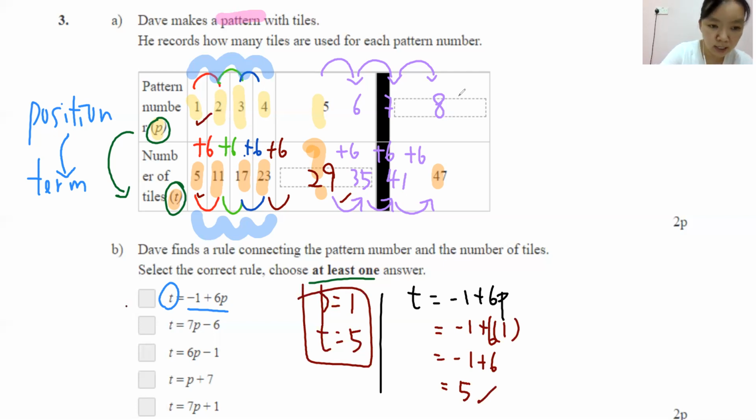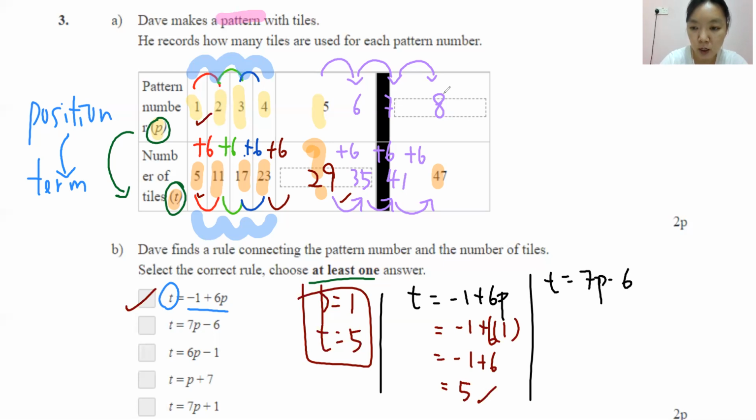Bingo, so this is the answer. Second, let's try the second one. Again, T equals 7P minus 6. With P equals 1, I substitute P into 1 here. Others remain the same. So that is 7 minus 6, that's 1. Oh, the T should be 5 here. So this one cannot. This is wrong.